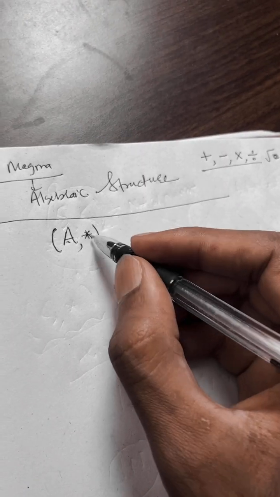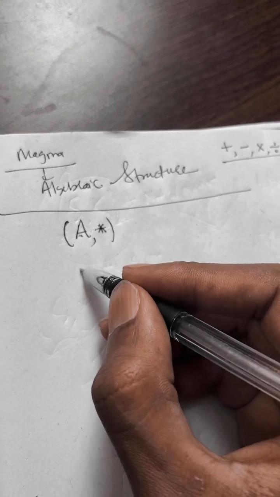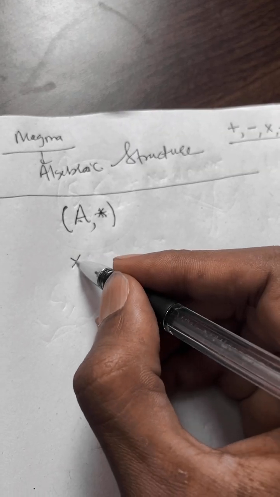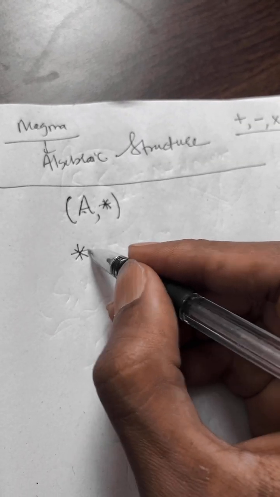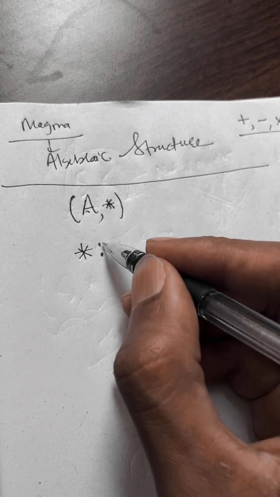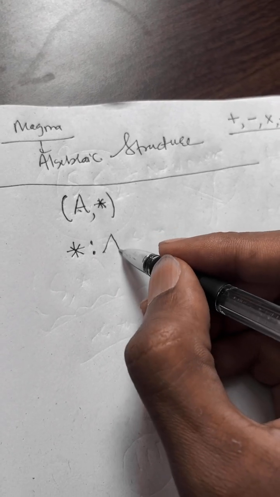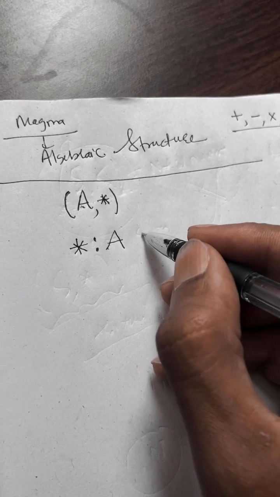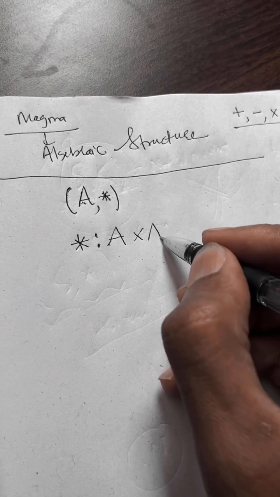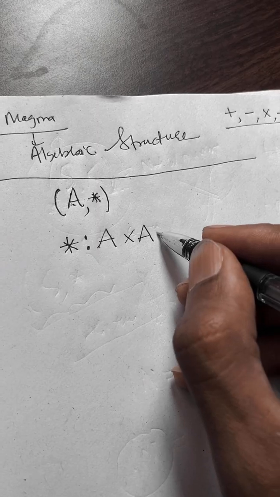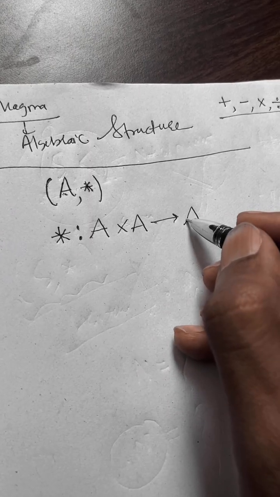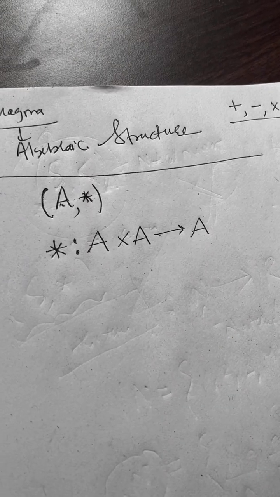Now what is star? Star is a binary operation. What does binary operation mean? It is defined on the set A cross A to A. What does it mean?